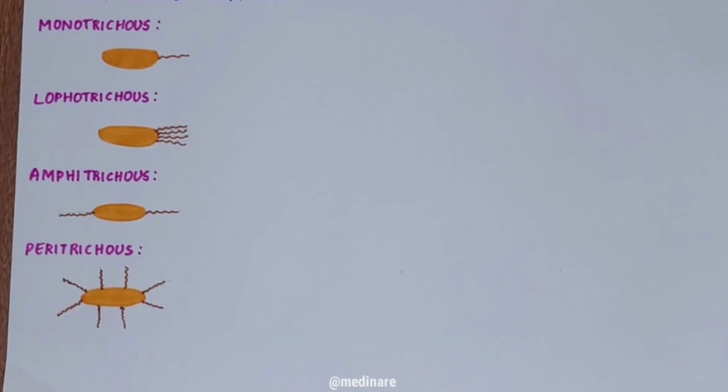The bacteria with monotrichous flagellar arrangement have a single flagellum at one end, whereas the bacteria with lophotrichous flagellar arrangement have a tuft of flagella at one end. The amphitrichous flagellar arrangement consists of two flagella, one at each end of the opposite poles, whereas the peritrichous flagellar arrangement consists of flagella present throughout their body.